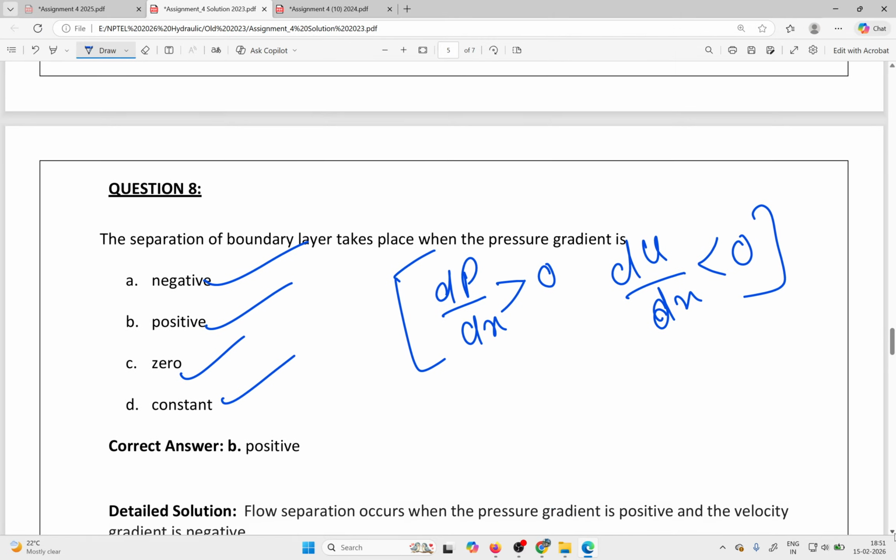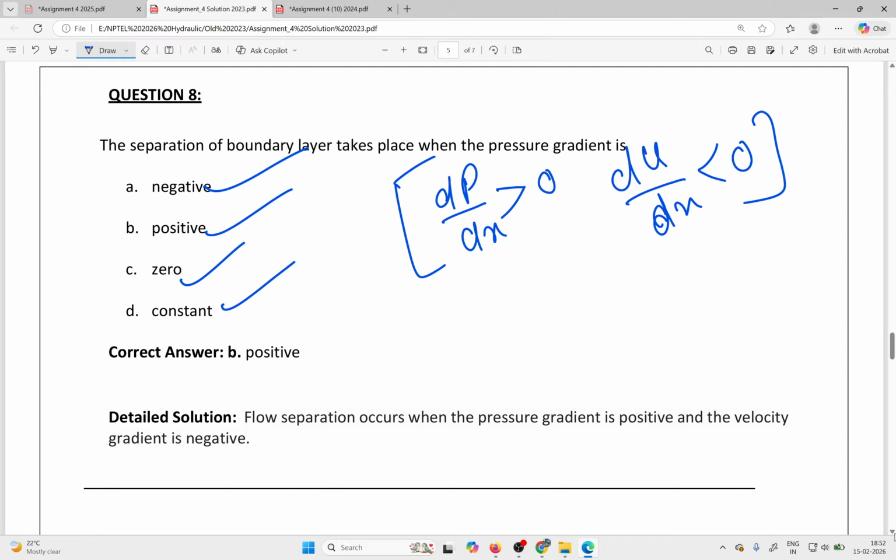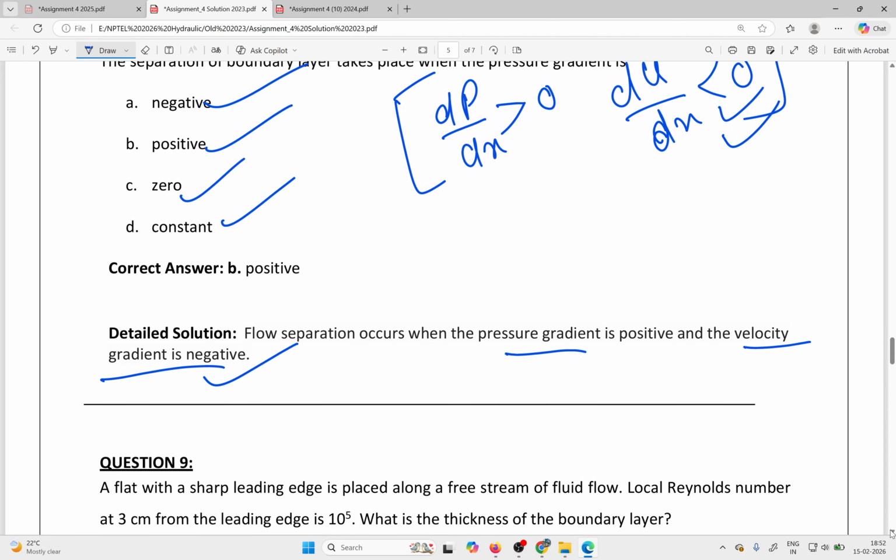Next, the velocity gradient is negative. Here you can see the flow separation occurs when the pressure gradient is positive and the velocity gradient is negative, less than 0. Next, question number 9.